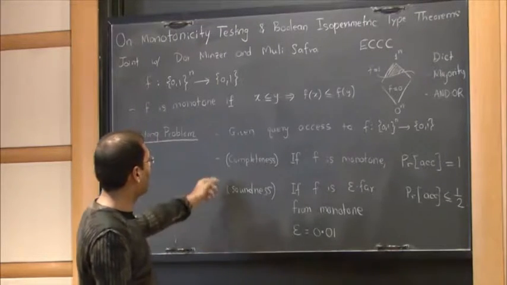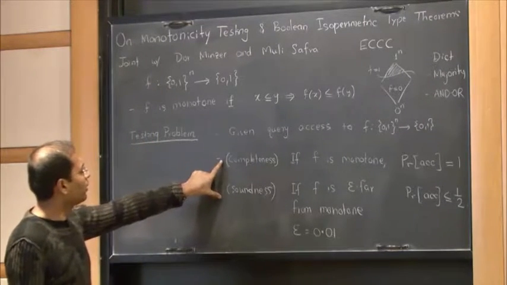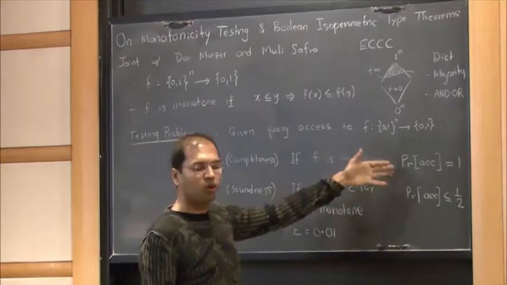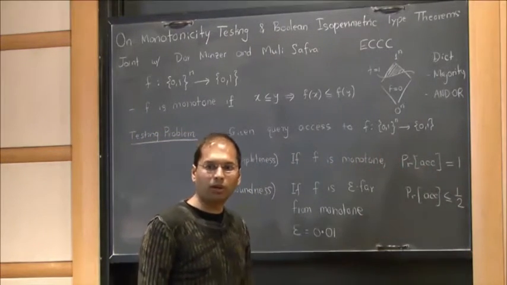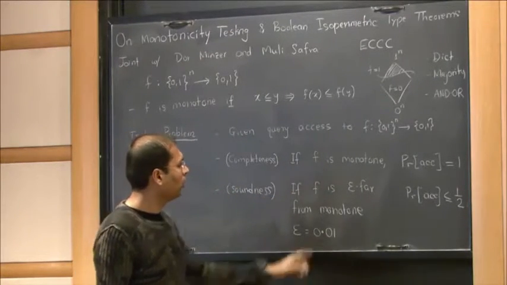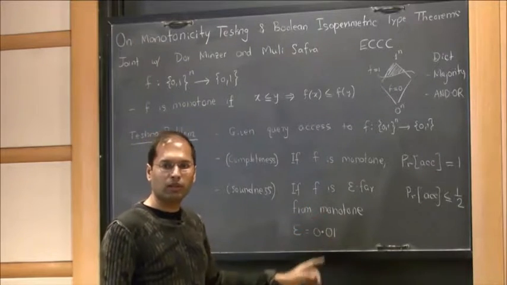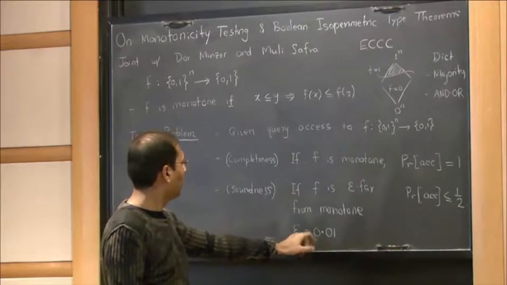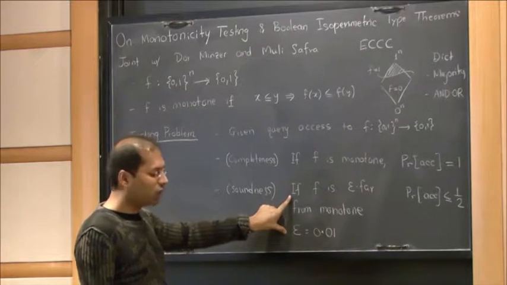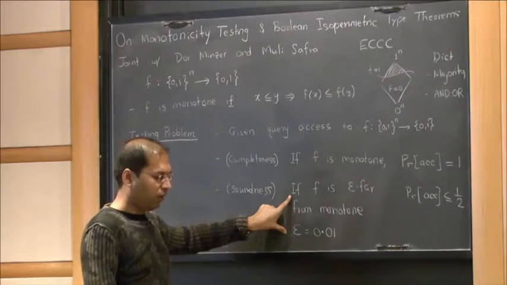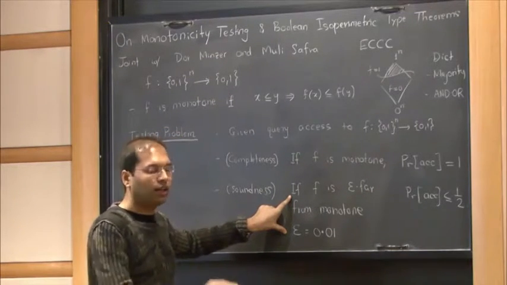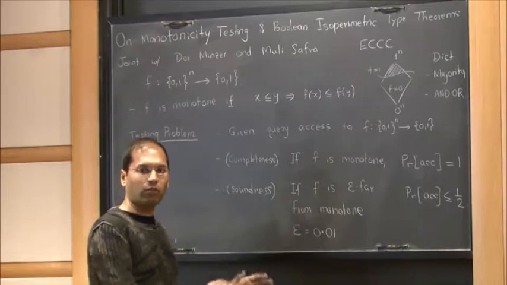And then for your tester, you want a completeness property and a soundness property. Completeness says that if the function is indeed monotone, then you ought to accept with probability 1. The soundness property says that if your function is far from being monotone, where far is in terms of Hamming distance, so think of, at least for now, epsilon as say 1%, meaning that if you want to make it into a monotone function, you have to change at least 1% of its entries, so it's far from being monotone.